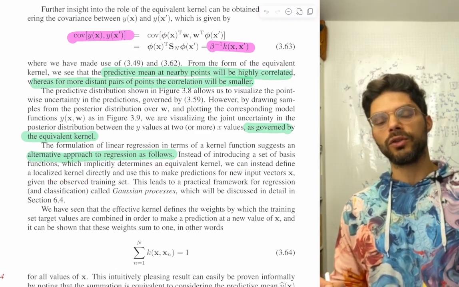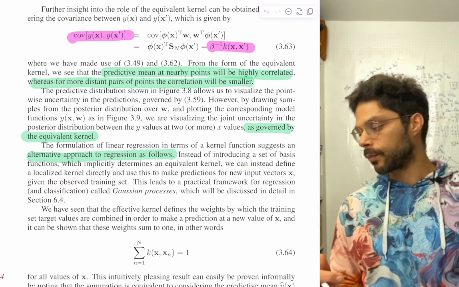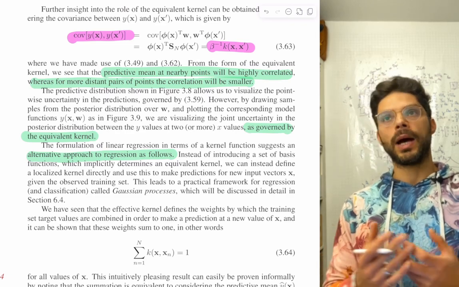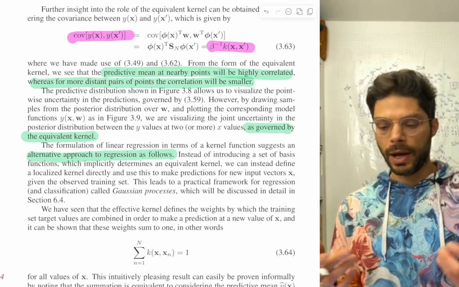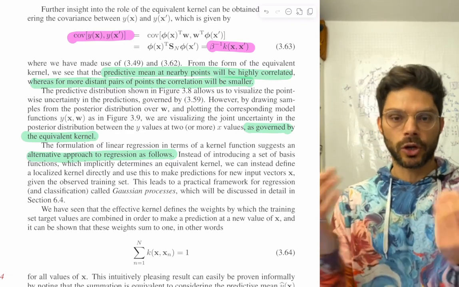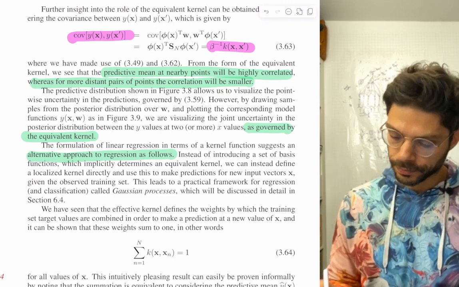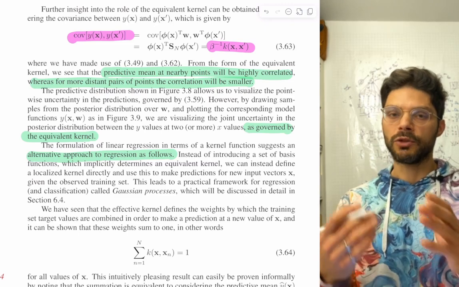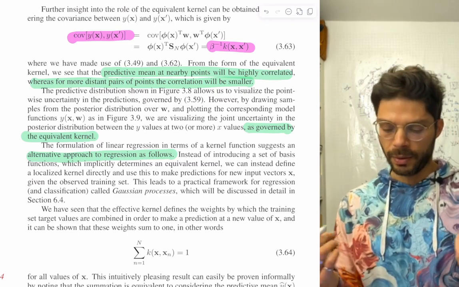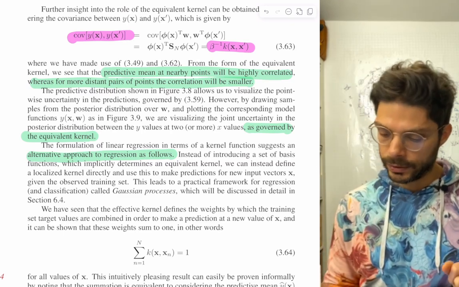You can use your knowledge of how nearby points should affect each other, and just do your regression that way. You can skip the feature step, the basis function step, although it turns out each of these kernels will correspond to a particular feature. So the features are always there in the background.